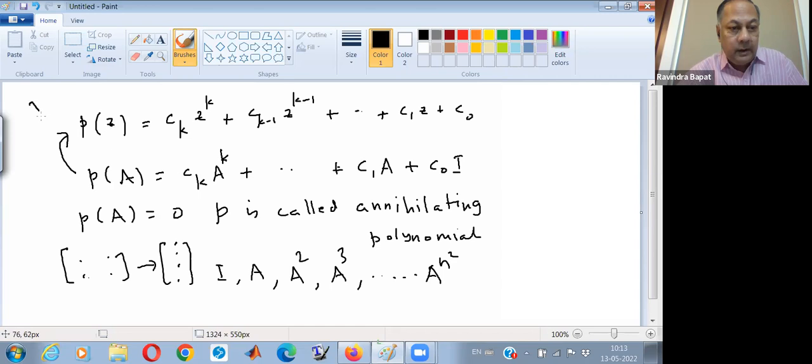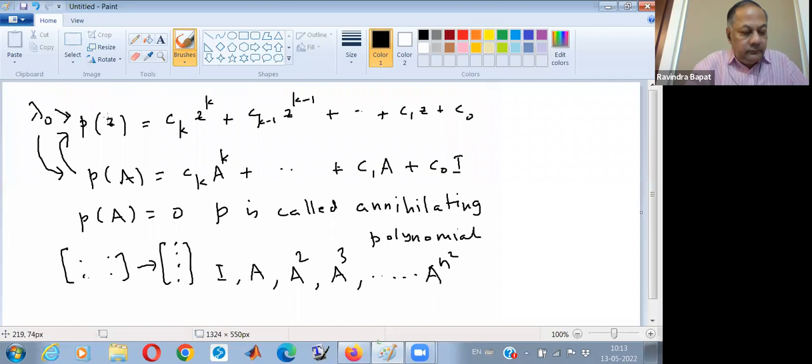So suppose lambda naught is a root of this annihilating polynomial, then I claim that lambda naught is an eigenvalue of A. So let me repeat. Any root of the annihilating polynomial. The annihilating polynomial is a usual polynomial, not a matrix polynomial. It's a polynomial with complex coefficients. So any root of the annihilating polynomial is an eigenvalue of A.